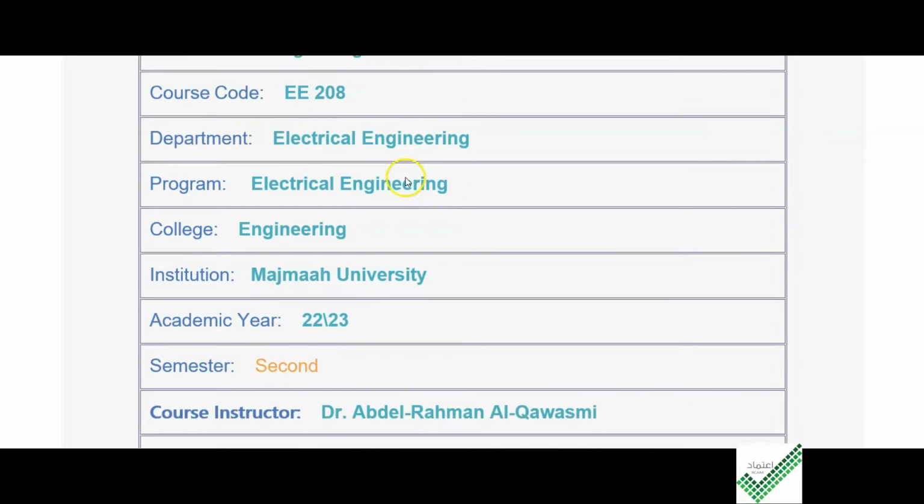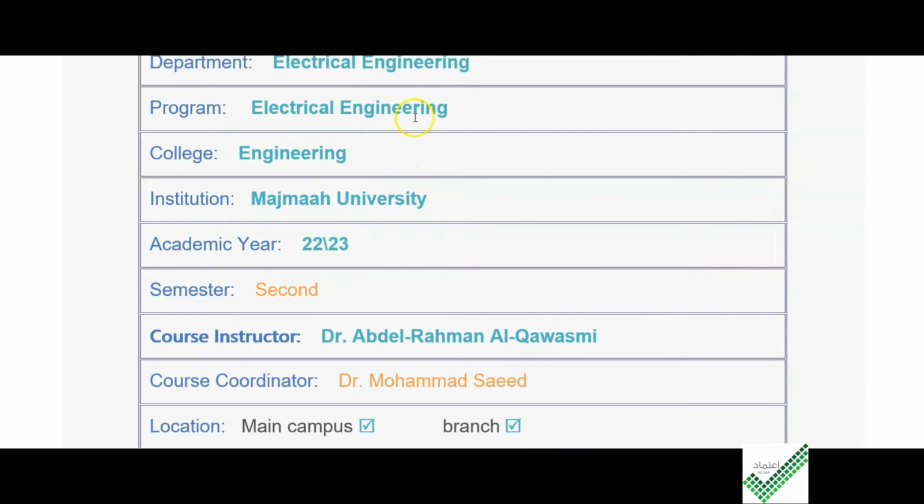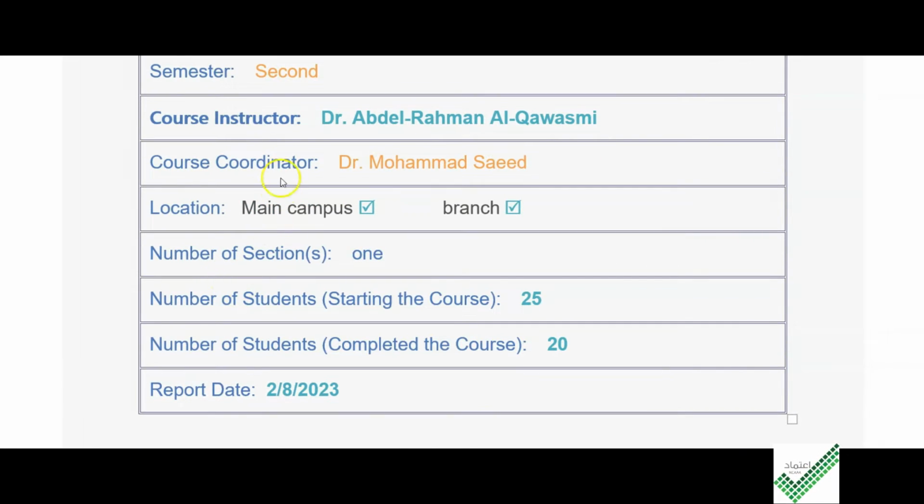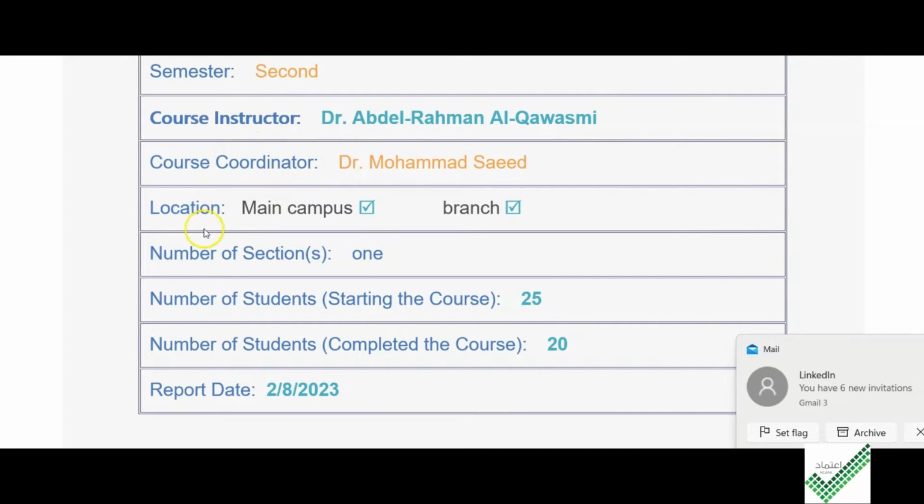The department is electrical engineering, the program electrical engineering, the college engineering, the institution Majma University, academic year 22-23. This is the second semester. The course instructor is Dr. Abdurrahman Qawasmi, the course coordinator Dr. Muhammad Said. The course instructor can be the same as the course coordinator.